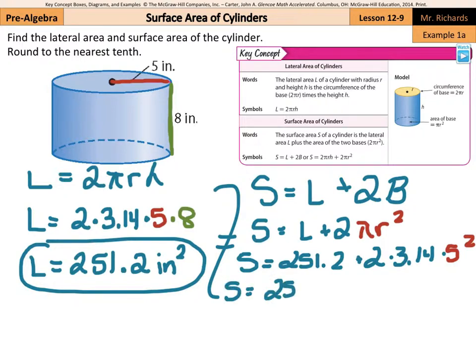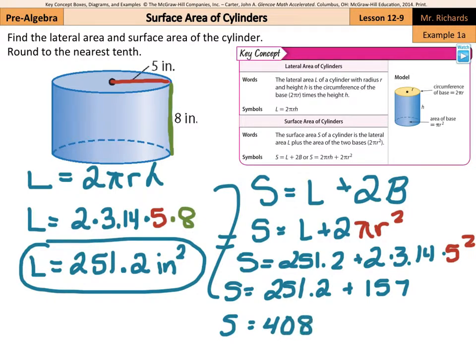Well, 2 times 3.14 times 25 is 157. When I add that to the 251 and 2/10, I get an answer of 408 and 2/10 inches squared.